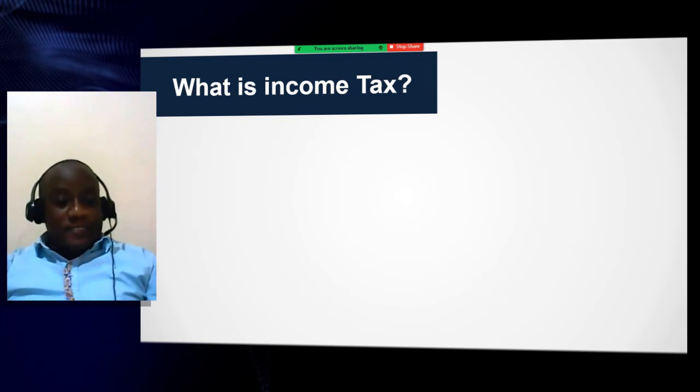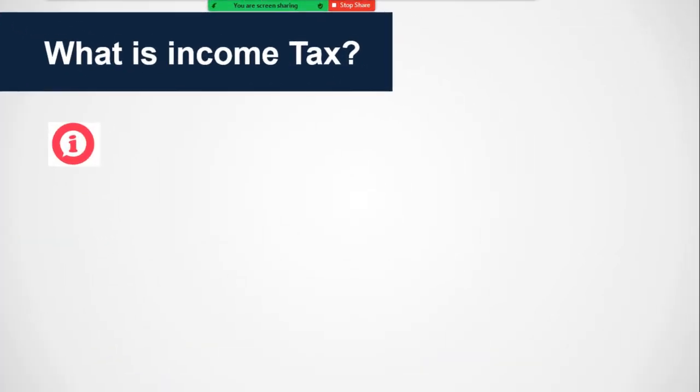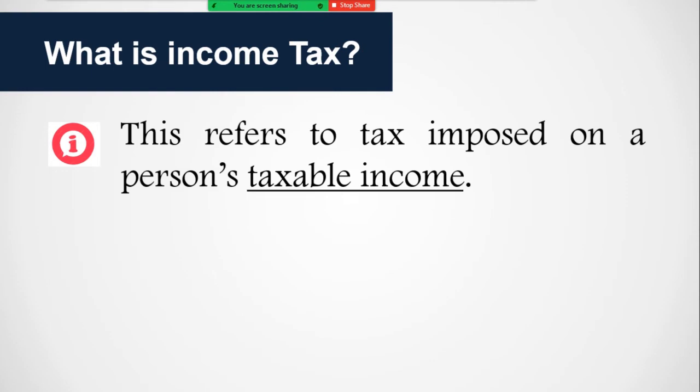Income tax in its own form as a tax is what is imposed on a person's taxable income. When we talk about income tax, we are talking about the tax that is imposed on a person's taxable income.